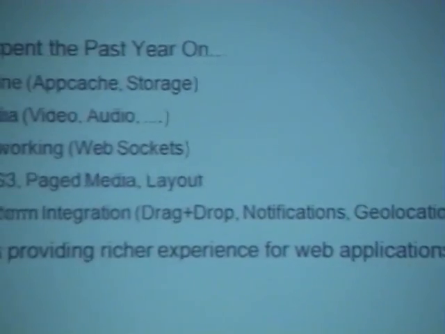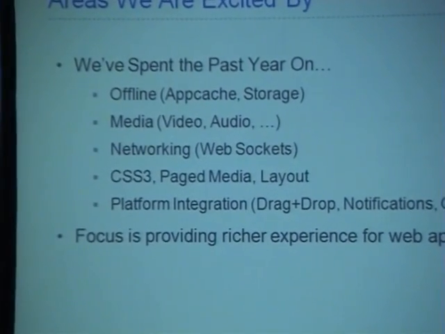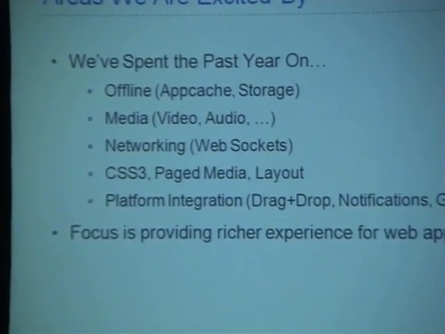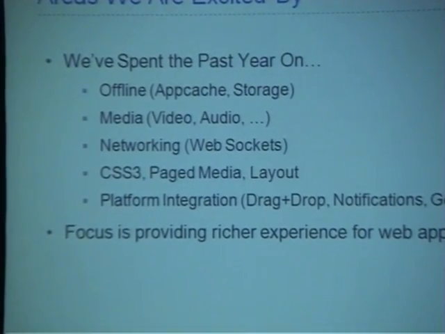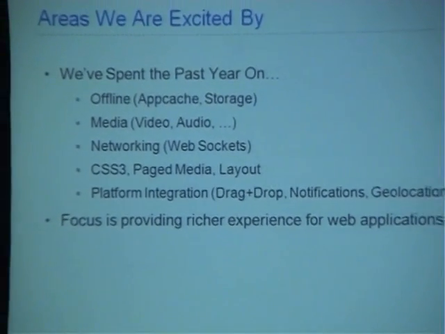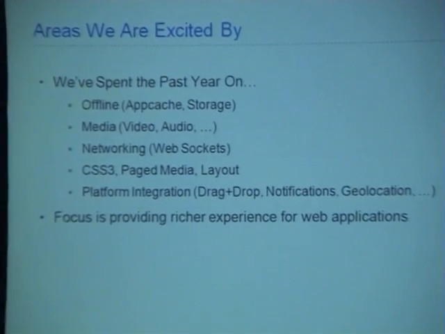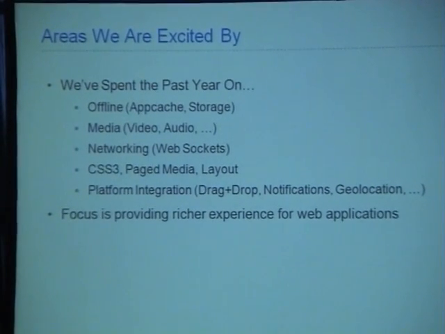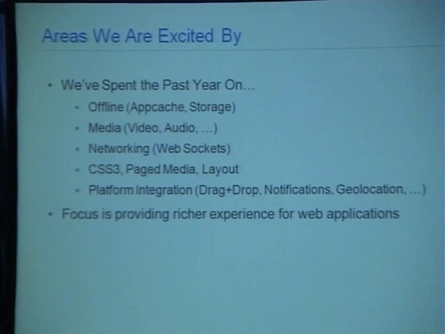So what are we excited by in the Chrome team? What areas are we looking to for development on the web? We've spent a lot of time over the past years working online. For us, this started with Google Gears. We had Gears as a plugin for Internet Explorer, Firefox, Safari, and this gave you the capability to take a web application and make it work offline.